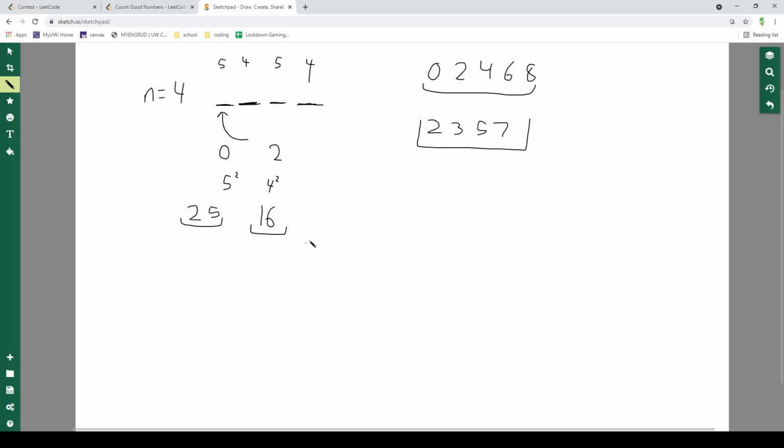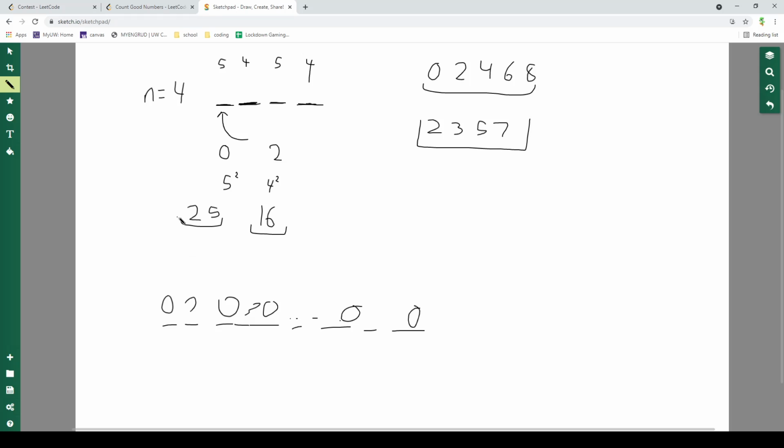Next, what we can do is we know there are 25 options for the even choices, so like 0, 0, 2, whatever. So for each option, let's just say one option is putting zeros in all of them. For each option, we know we can pair it with one of the prime sequences. So we can pair 0, 0 with all the 2's, and then we can also pair it with like 2, 3, and fill it all out.